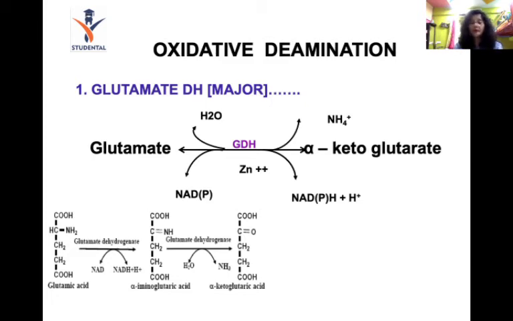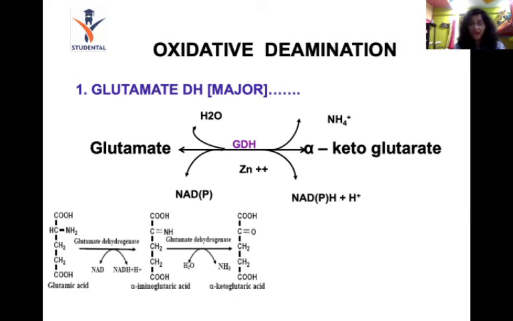Though you can see this as a single-step reaction, it is not a single step. You can see what happened. Here glutamic acid, in the first step, is oxidized to alpha iminoglutaric acid, and this is an intermediate. Then this intermediate loses its ammonia, and it is converted into alpha ketoglutaric acid.